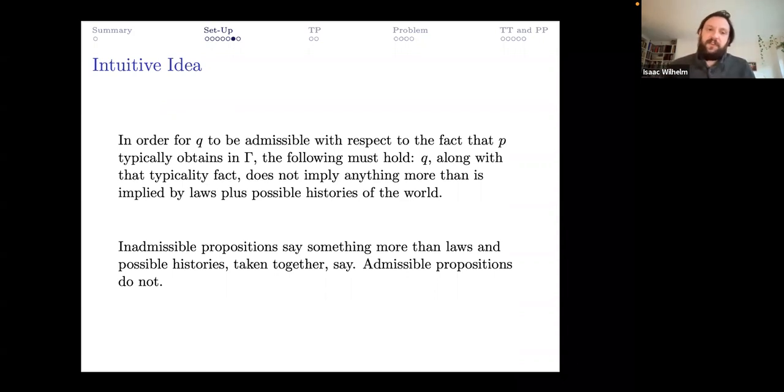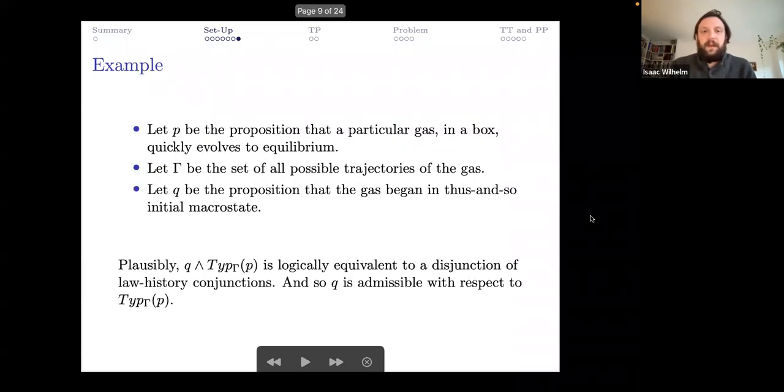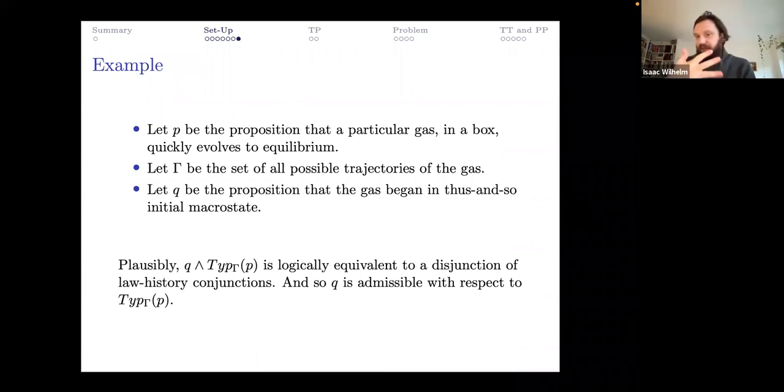So to summarize the intuitive idea, inadmissible propositions say something more than laws and histories together say, whereas admissible ones don't. For example, let P be the proposition that this gas in a box quickly evolves to equilibrium, let gamma be the set of all possible trajectories of the gas, and let Q be the proposition that the gas began in thus and so initial macrostate.